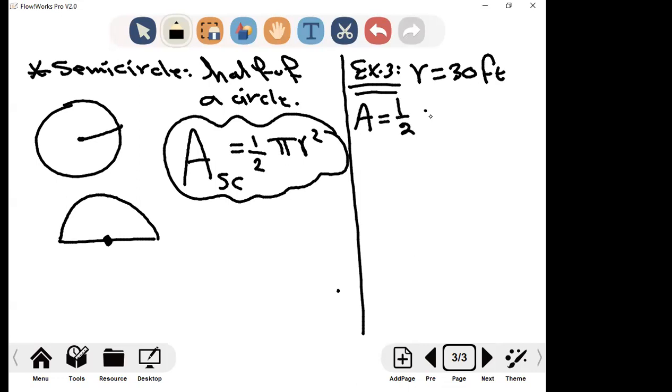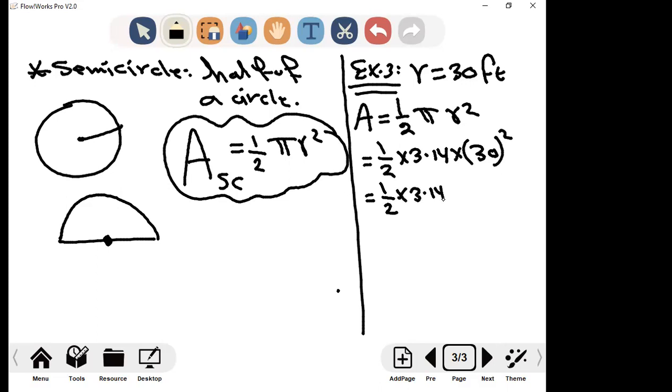Half pi r squared equals half multiply 3.14 multiply 30 multiply 30. The half is the same as 0.5, so you can say 0.5 multiply 3.14 multiply 30 multiply 30.